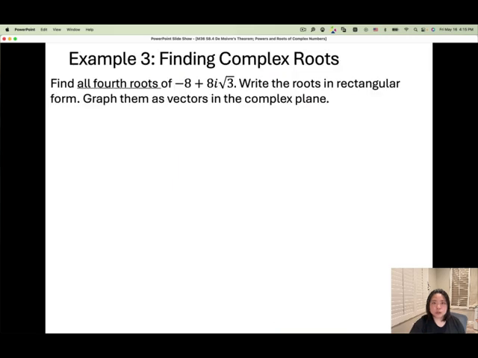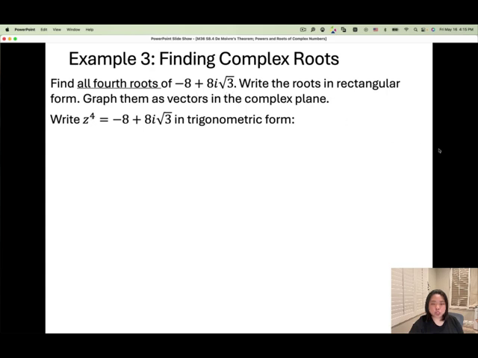Okay, one more. Find all fourth roots of this complex number. Write the roots in the rectangular form, just like the previous example, and then graph them as a vector in the complex plane. Okay, so all fourth roots. So I'm going to let z to the power of 4 equal to this complex number.